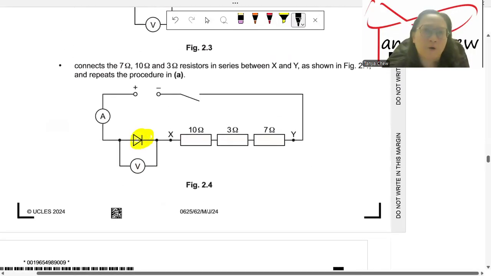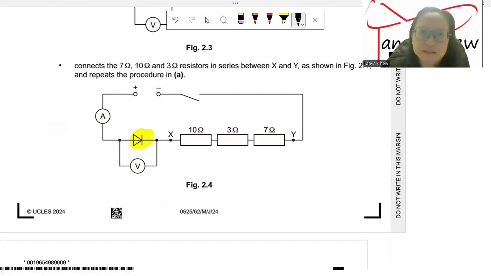The function of the diode is to allow the current to flow in one direction only. So even though the circuit is completed, if the diode is connected in reverse bias, the current would never flow through it.